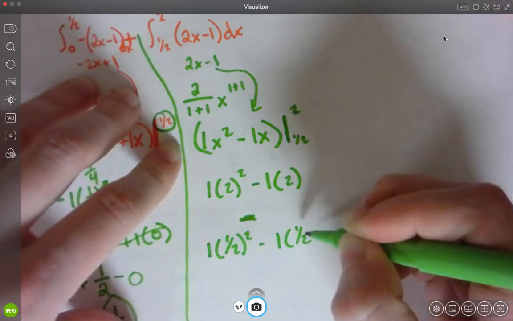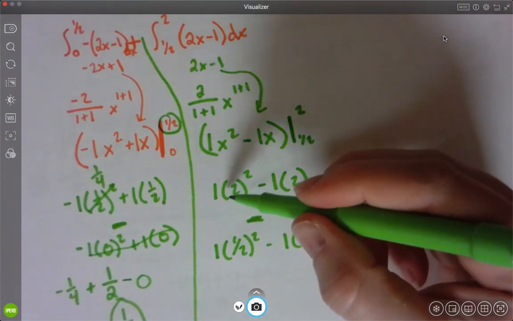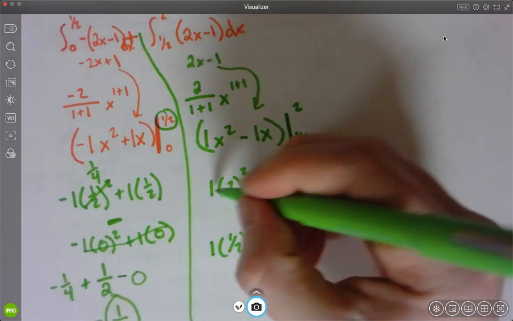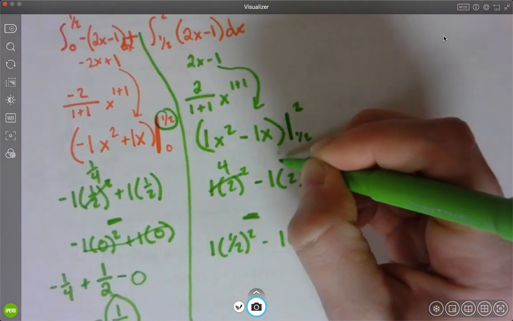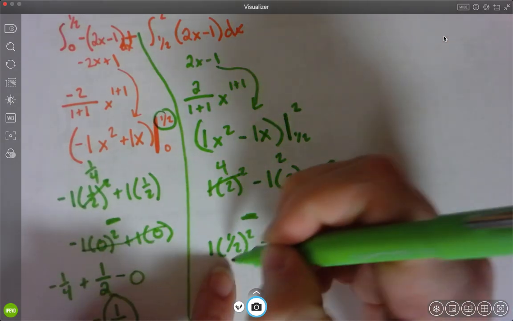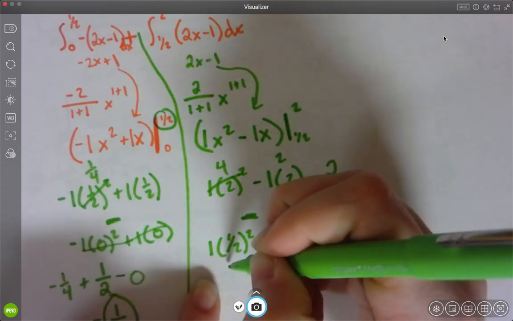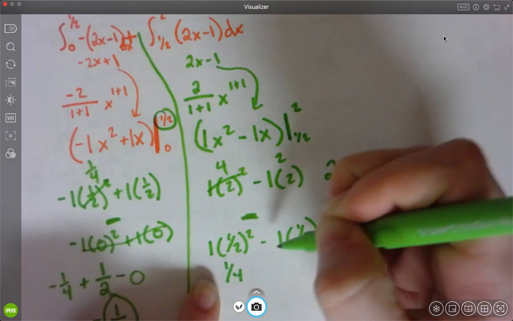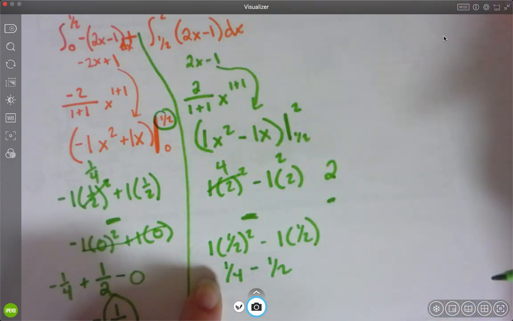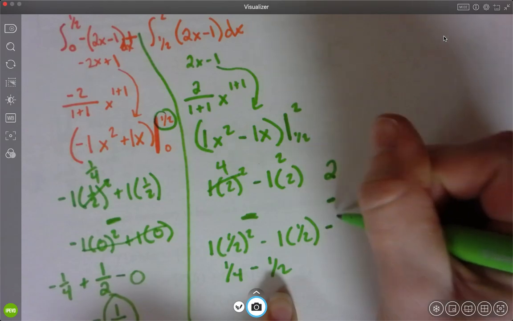All right, so 1 times 2 squared is going to be 4. 4 minus 2 is just 2, minus, this guy is going to be 1/2 squared, which is 1/4, minus 1/2. Okay, 1/4 minus 1/2 is going to be a negative 1/4.